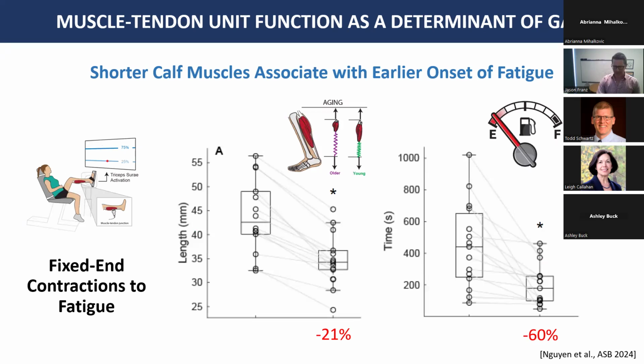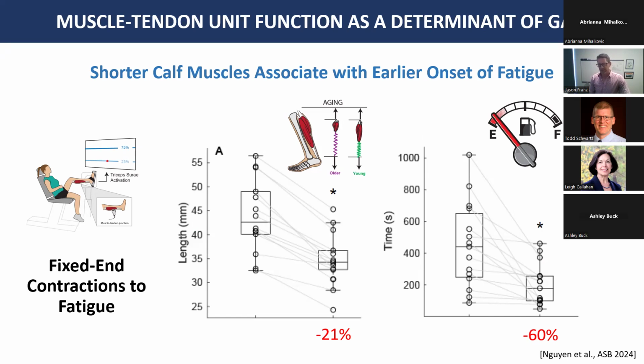These shorter calf muscles, again, we've now associated them with decreased stiffness. We've shown that it correlates with increased metabolic energy cost. And that's interesting from a snapshot in time, but what happens over the course of time?